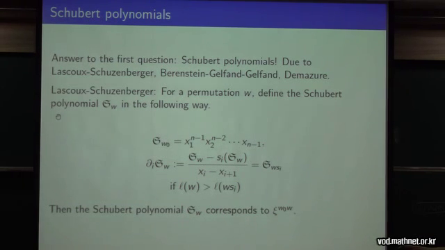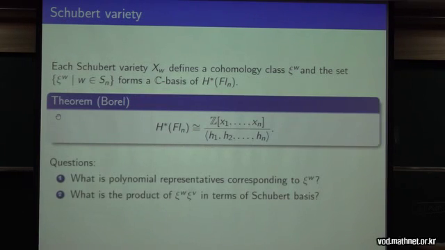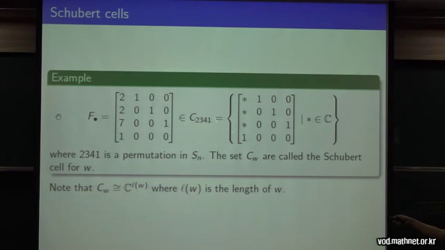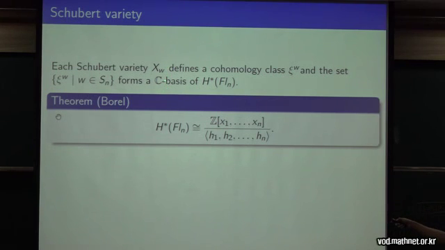We know the Schubert variety for each permutation. Can you follow? So for each permutation, there is a Schubert variety, which is the closure of this thing. This is the Schubert cell; take a closure, then you get a Schubert variety. And so if you have a closed algebraic variety, then there's a corresponding element in the cohomology ring. I'm skipping some steps, but that's basically true for this case.